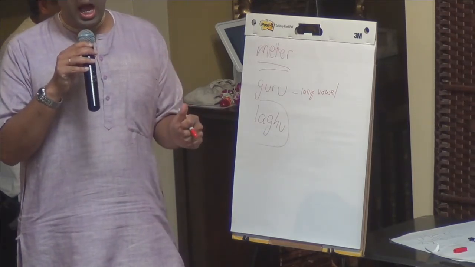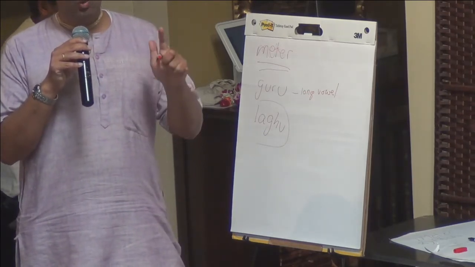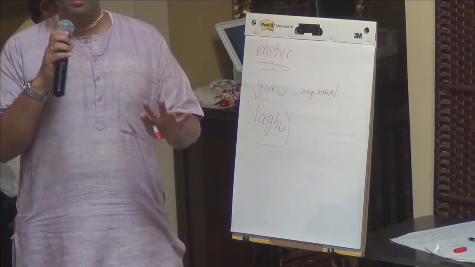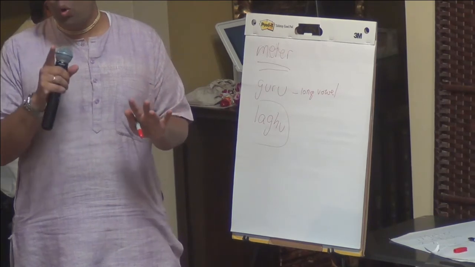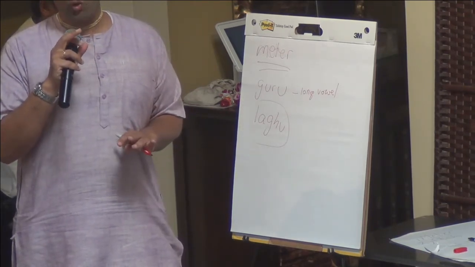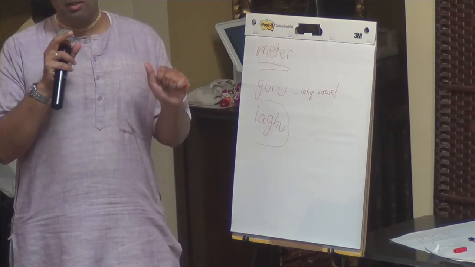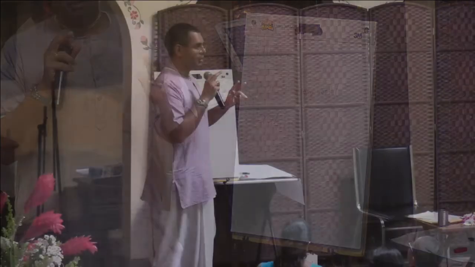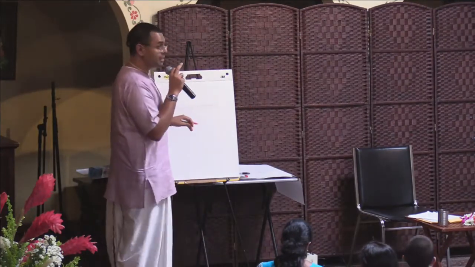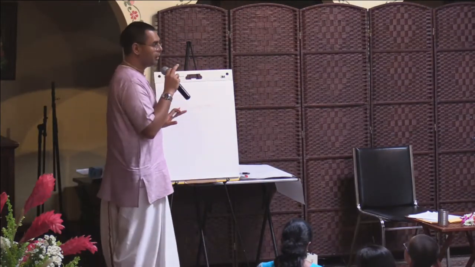What are the long vowels? Aa, ii, uu, ri-long, e, ai, o, au. All are long. There's actually fewer short ones. The short ones are just a, i, u, ri, and lri. Those five. But the rest are long.